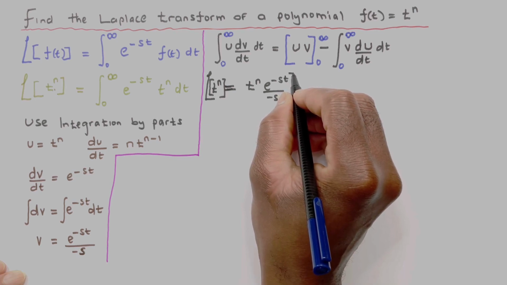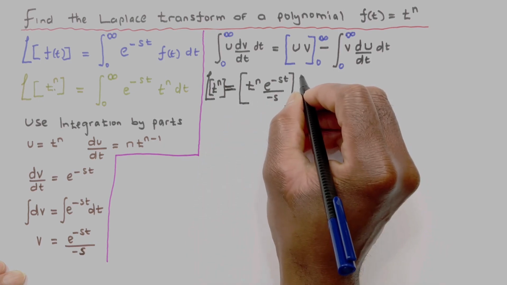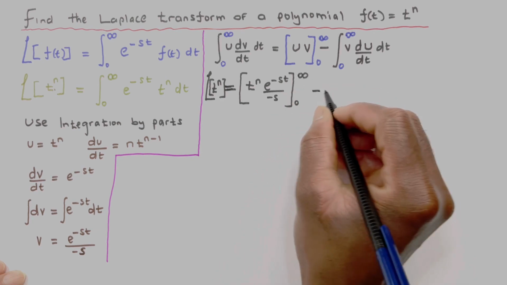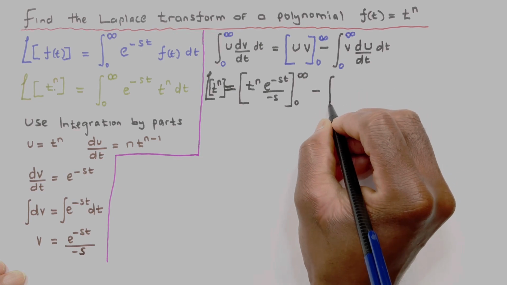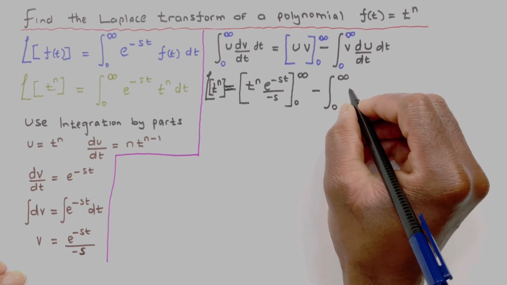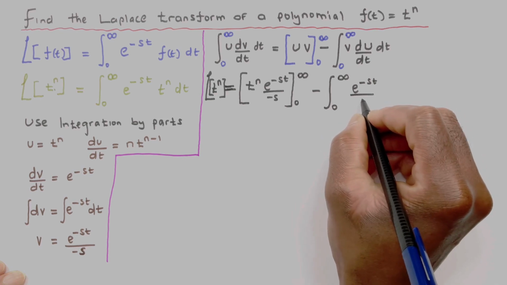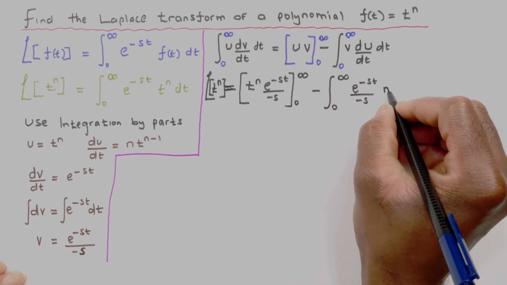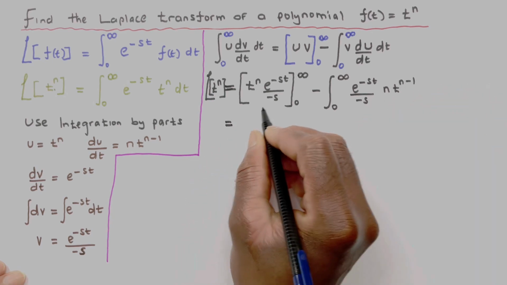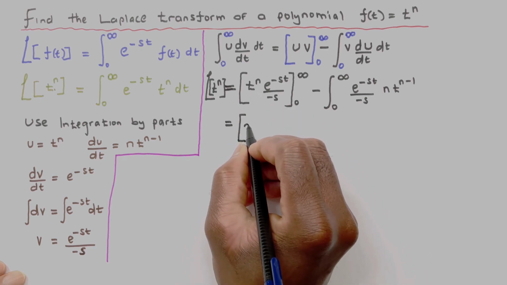Now we open a square bracket there, 0 to infinity, minus the integral 0 to infinity, where v is e to the power minus st over minus s, times n t to the power n minus 1. And we need to substitute t for infinity and t for 0.